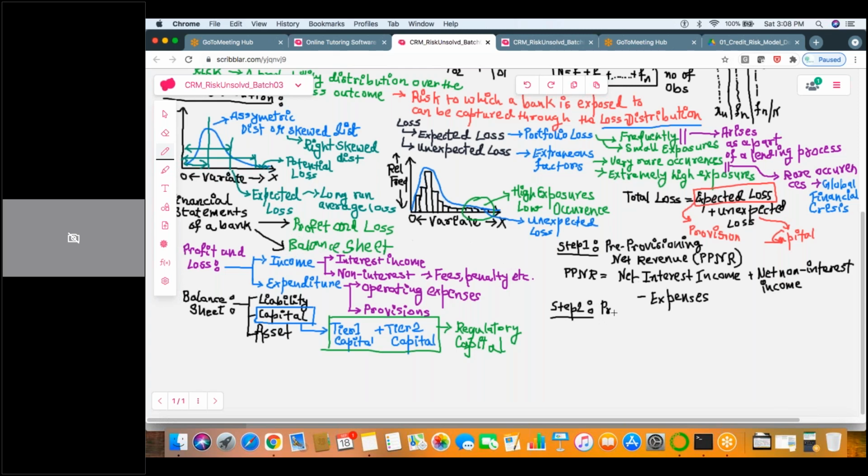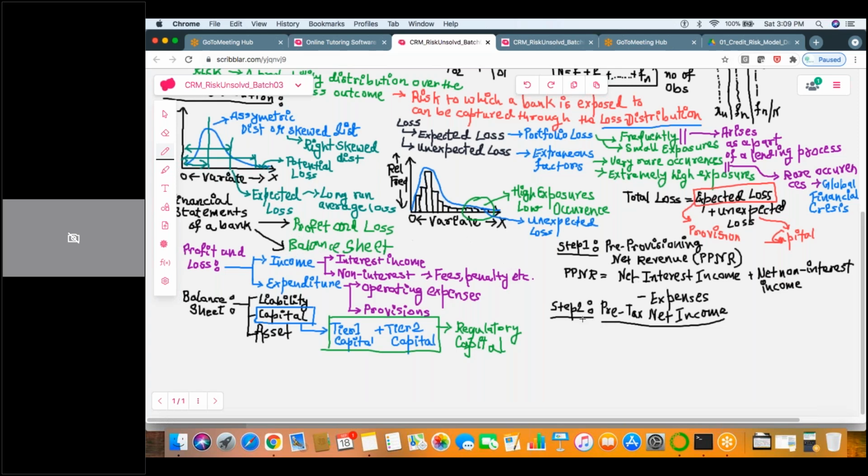So over here, what we are trying to do is calculate the pre-tax net income.